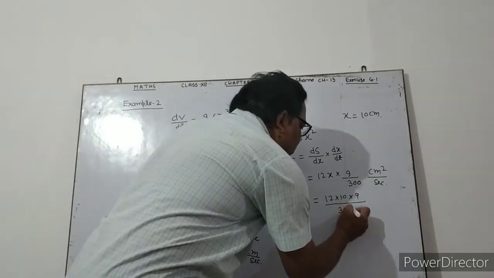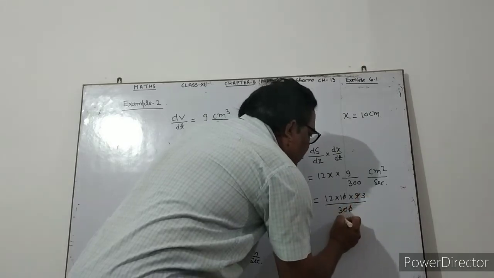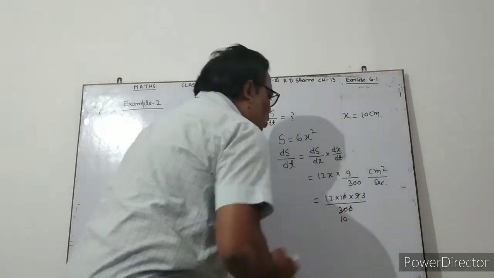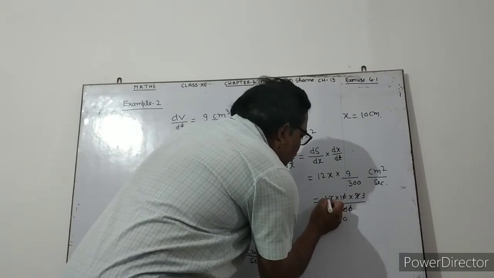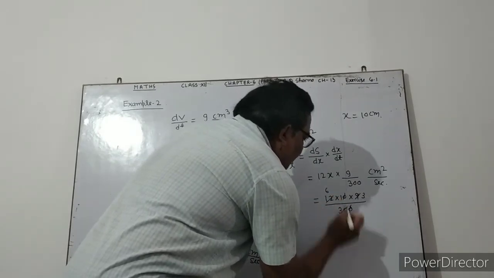Now cancel the 0s. 3 is the 9 and this is the 10. Now cancel 2, 6, and this is 2, 5.